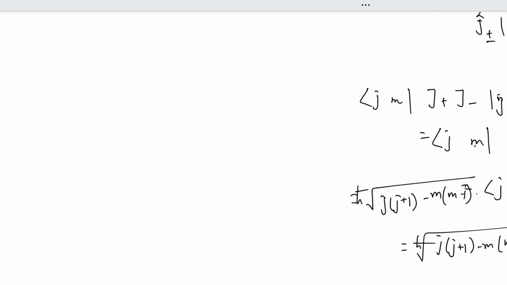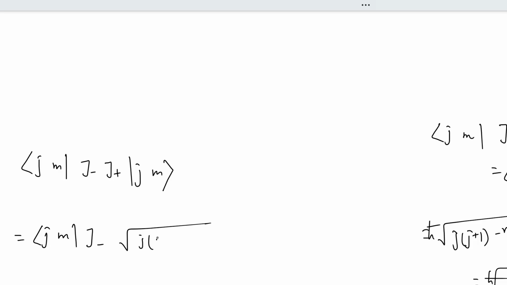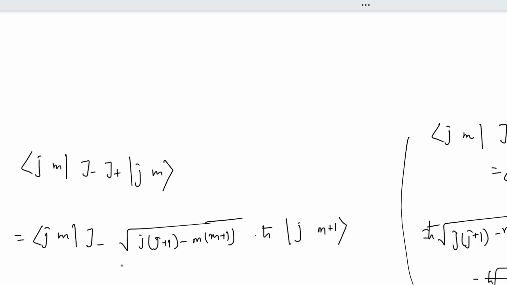Similarly, you can calculate what is jm with j minus j plus, and you can see that this becomes jm j minus root over of j plus 1 minus m plus 1 into h cut j m plus 1. Let us draw a boundary here.